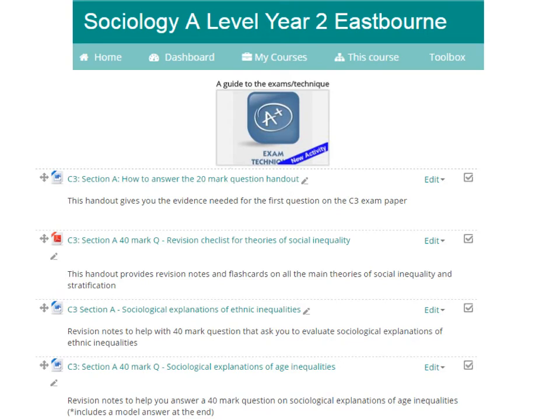And because I think some of you have been doing exams and have not been able to come to all of the lessons recently, you might have missed some of the handouts that I've given you on explanations of ethnic inequalities and age inequalities, and this one also includes a model answer. So you can find these in handouts also on iLearn.